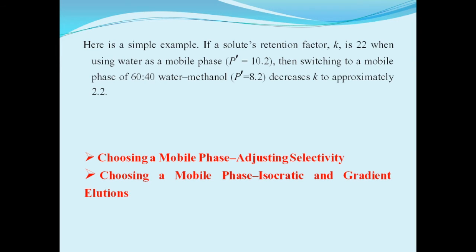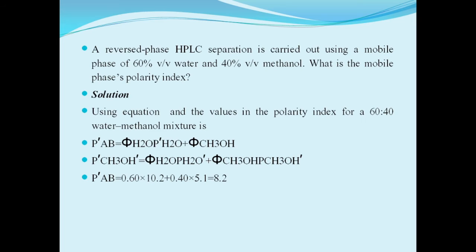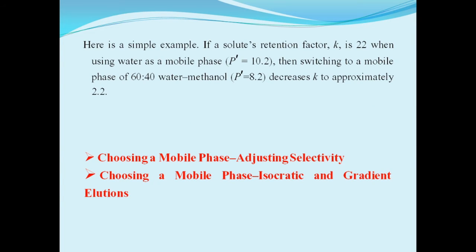Next, choosing a mobile phase: isocratic and gradient elution. A separation using a mobile phase that has fixed composition is an isocratic elution.